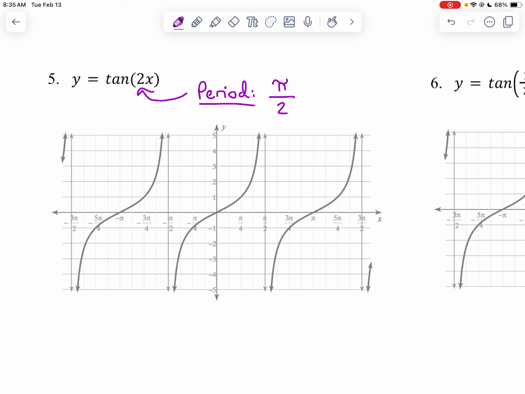Now, pi over 2 is the new period. Each of these portions of the graph will take pi over 2 as a distance to complete the entire cycle. What that means is these graphs are going to be horizontally shrunk or compressed, and I'm going to be able to complete these quick little curves in half the time. So how do I show that?